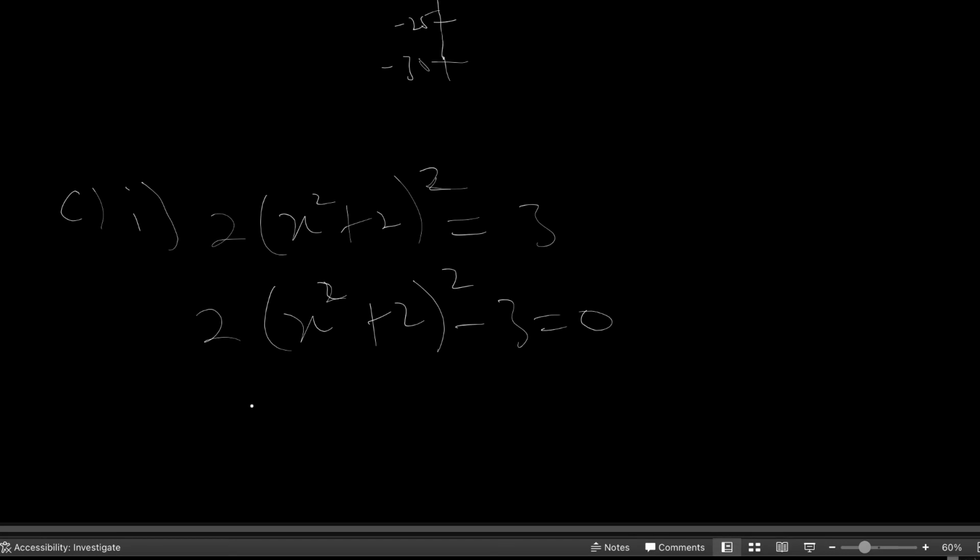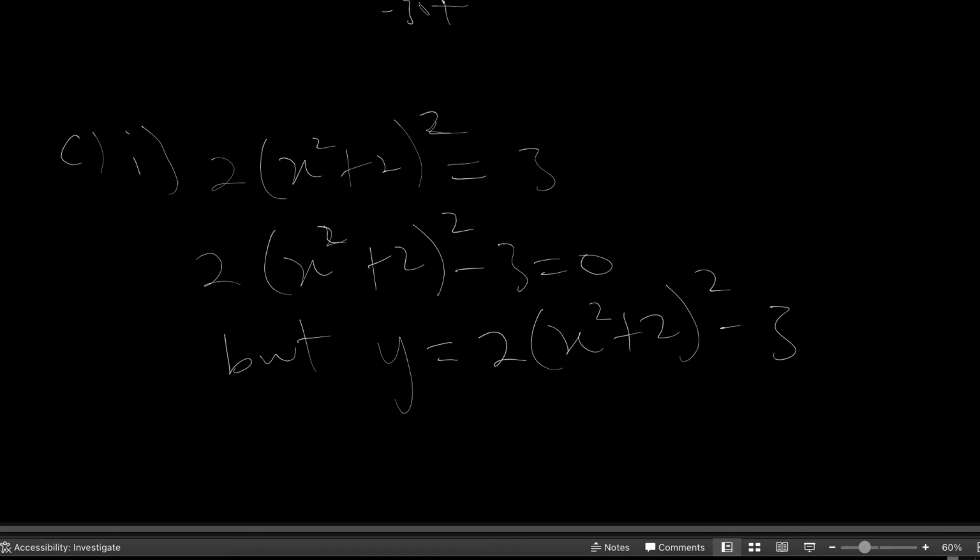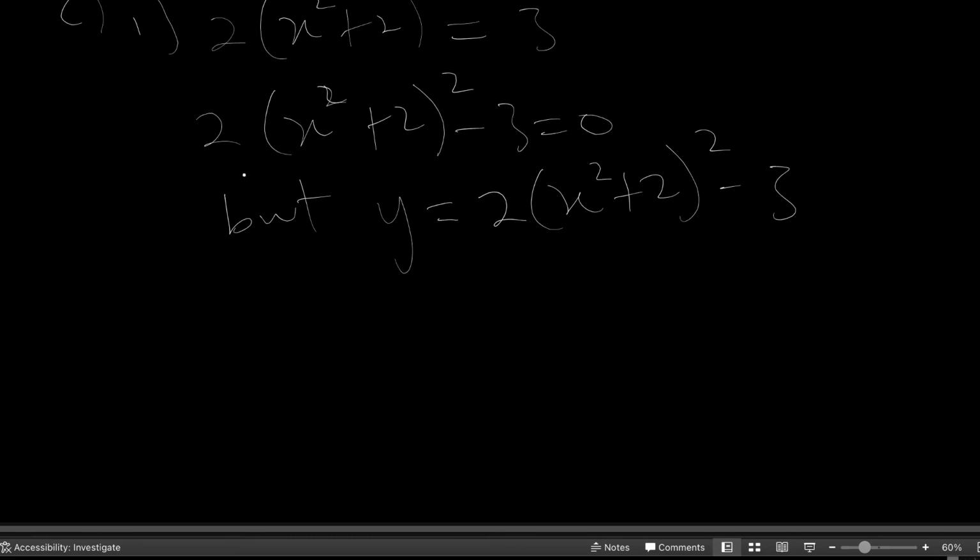But we know that y is equal to 2(x plus 2) squared minus 3. So when we put y in this equation, we have y is equal to 0. So we find the values of x when y is equal to 0.